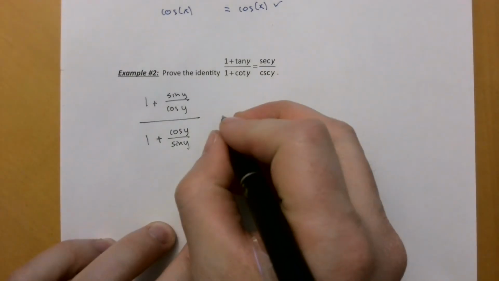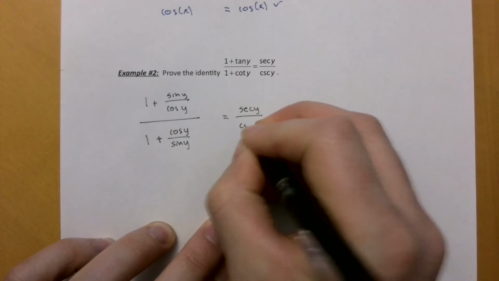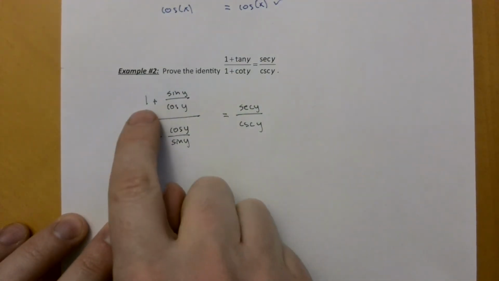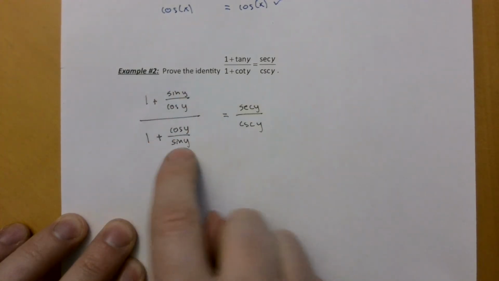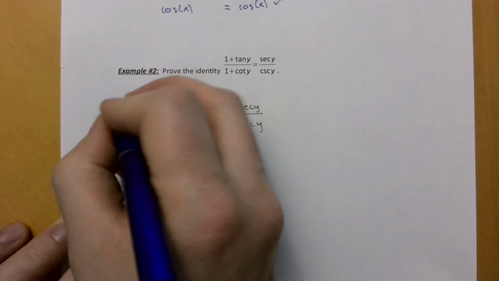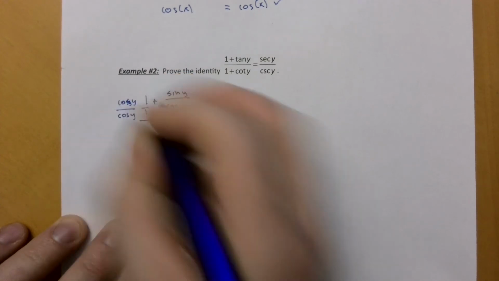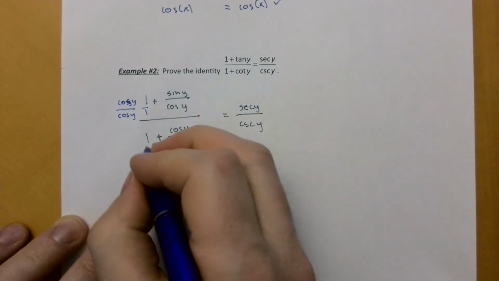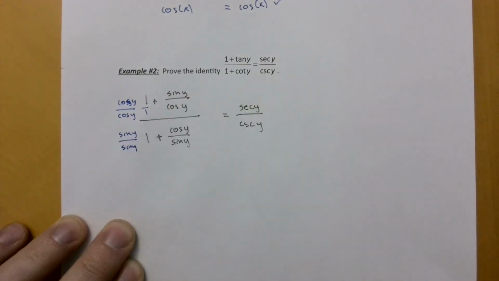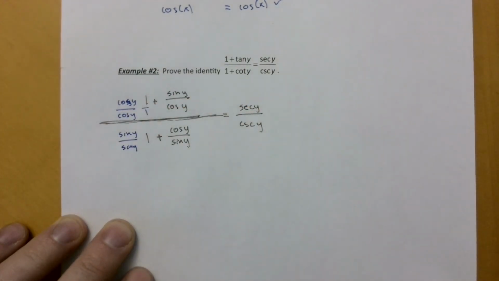Okay, so for this one, since I've solved this multiple times, I know this one strategy. What I'm going to do is add the fractions in the numerator and the fractions in the denominator. So what I need is a common denominator, so I'm going to have to multiply this by cosine y over cosine y. Then I get a common denominator. I need to do the same thing here, sine y over sine y. Note that we're just treating these as two separate things here.